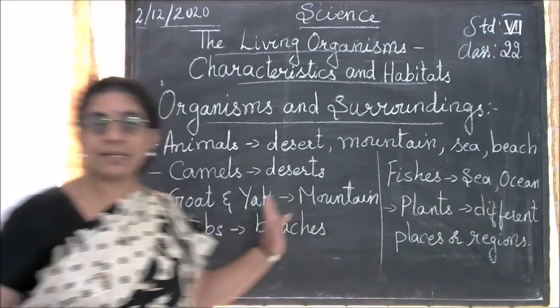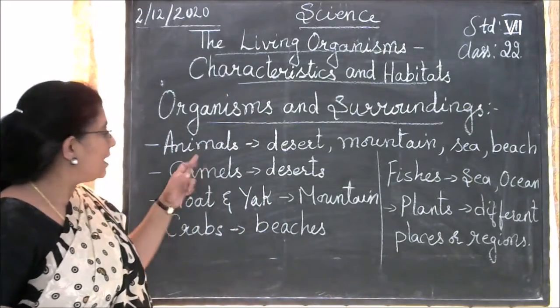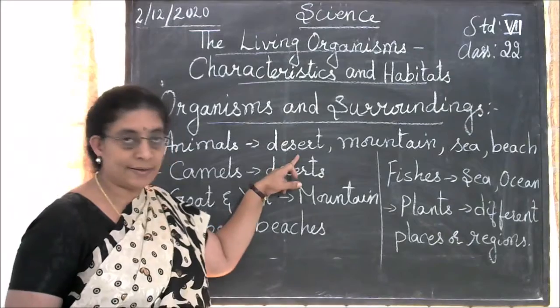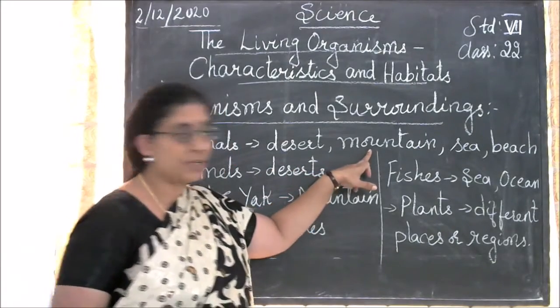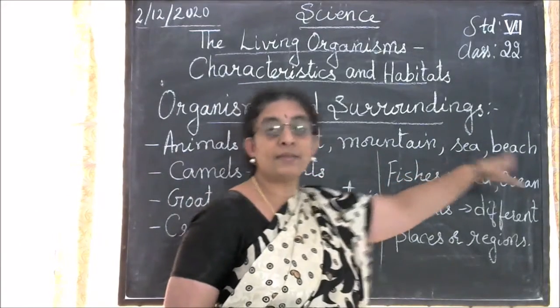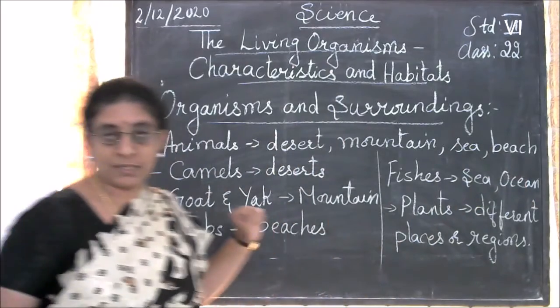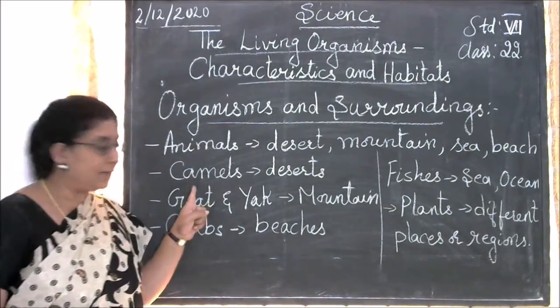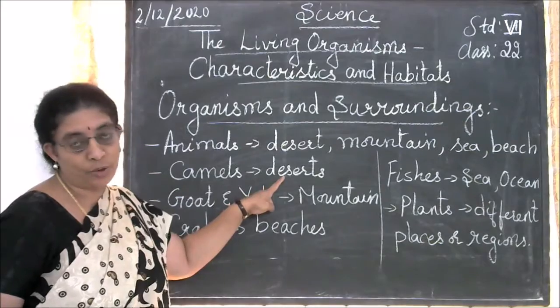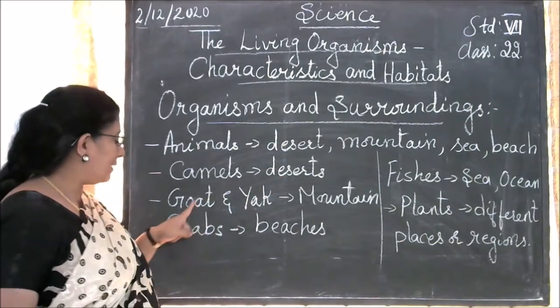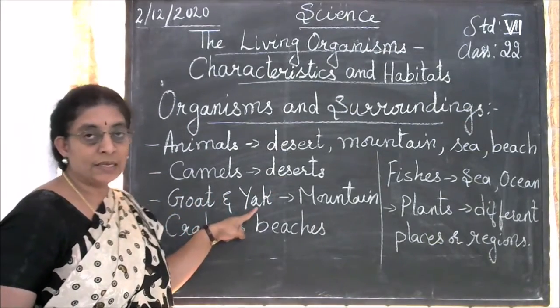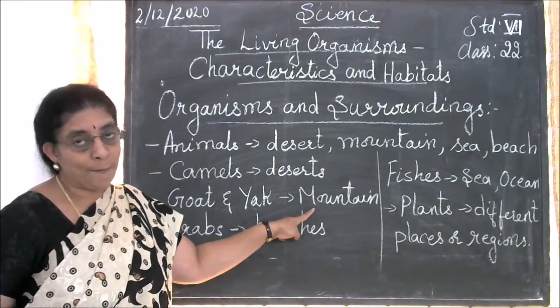Yes, children, you can see the examples here. See, animals, they live in the deserts, they live in the mountains, they live in the sea, they are found on the beaches. Okay, so for example, camels, they are mostly found in the deserts. And then the goat and the yak, they are found on top of the mountains.